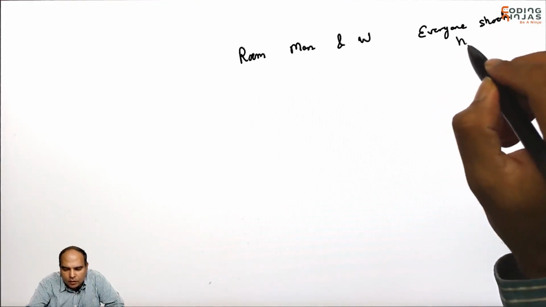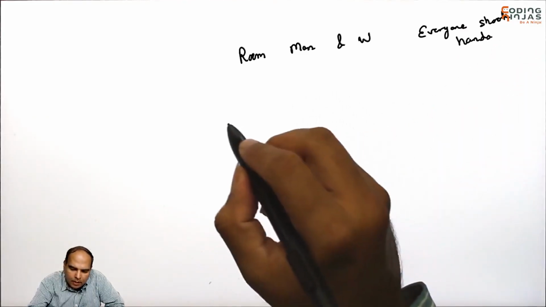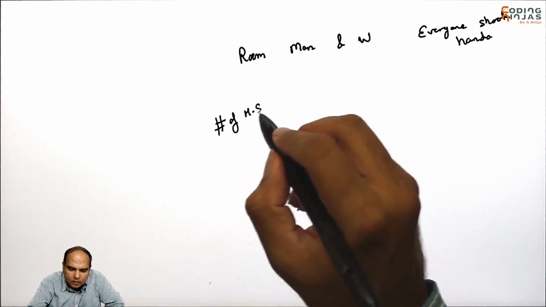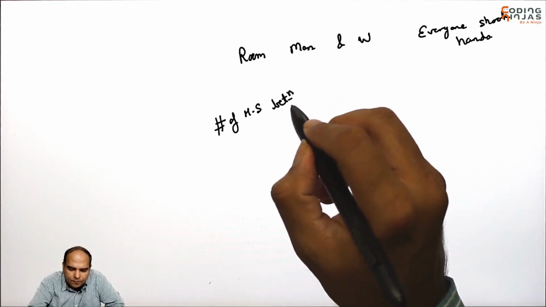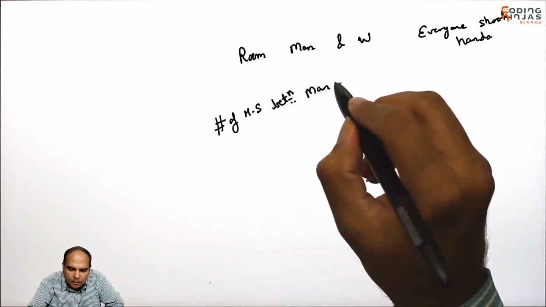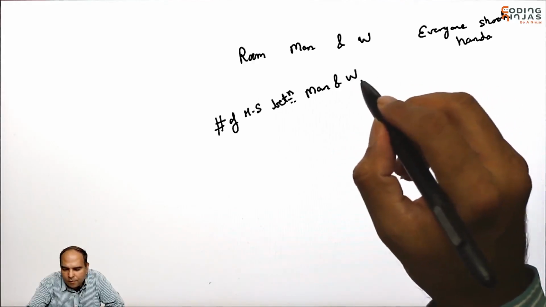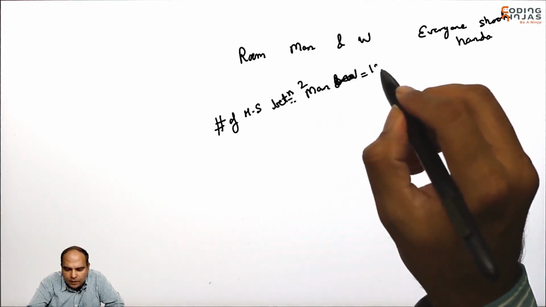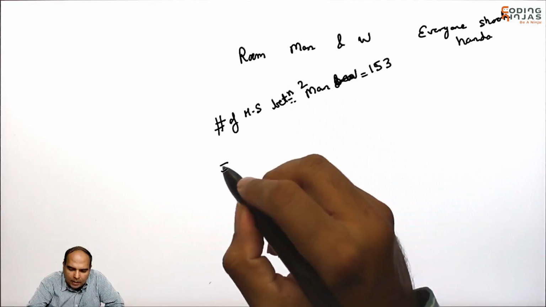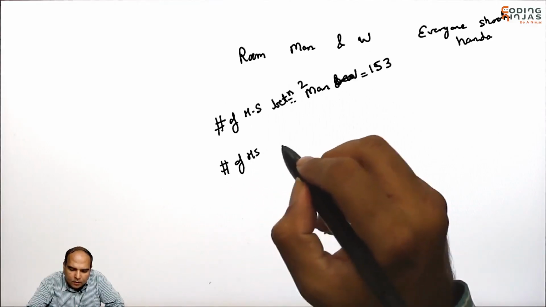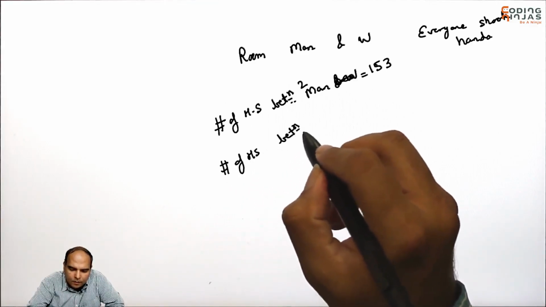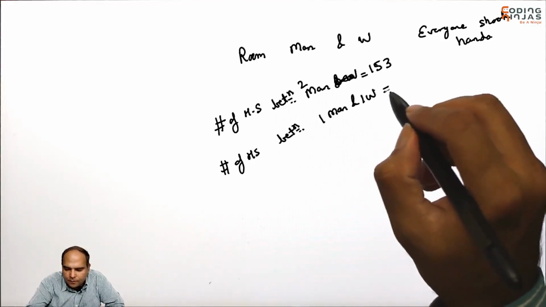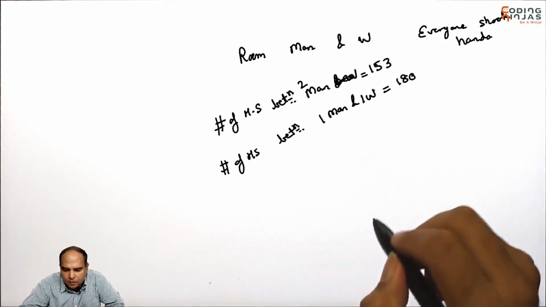The information given to you is that the number of handshakes between two men is 153, and the number of handshakes between one man and one woman is 180.